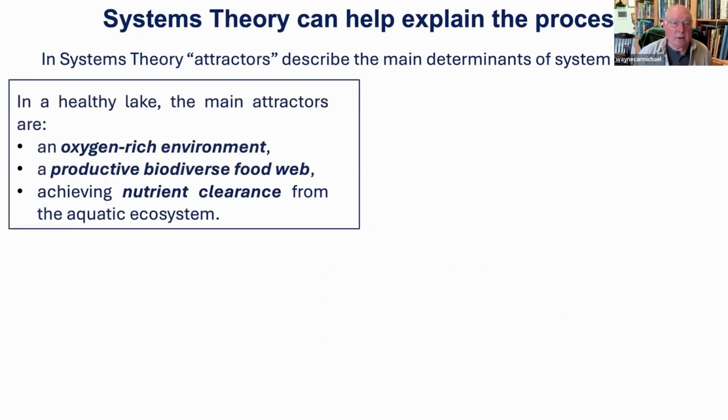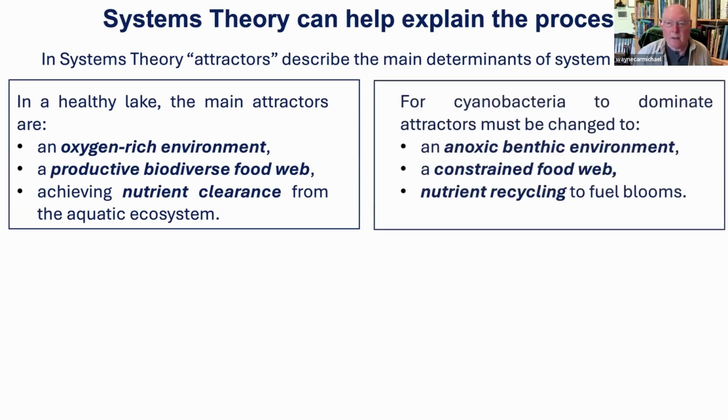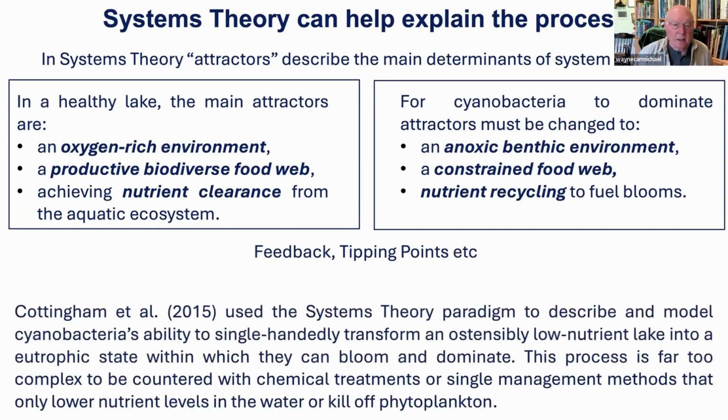In a healthy lake, those attractors are an oxygen-rich environment, a productive, diverse food web, and nutrient clearance from the aquatic system. For cyanobacteria to dominate, the attractors obviously need to be changed to an anoxic benthic environment, a constrained food web, and nutrient recycling instead of nutrient clearance. It certainly involves feedback and tipping points.